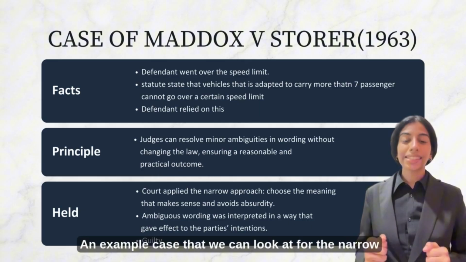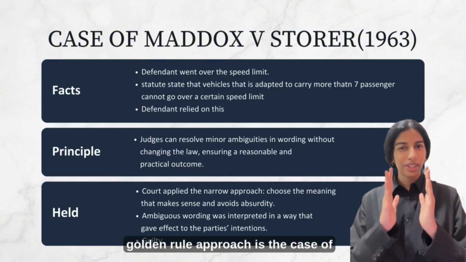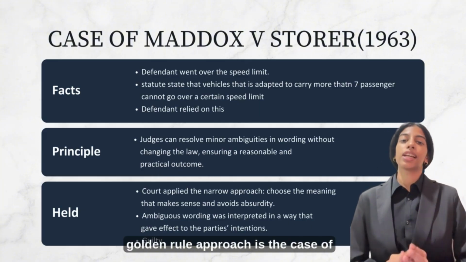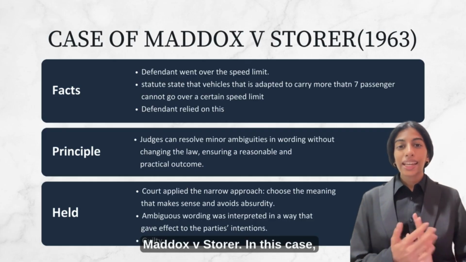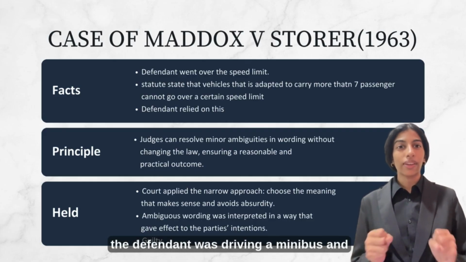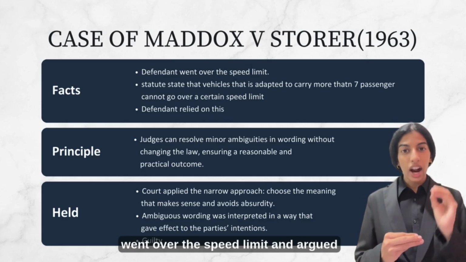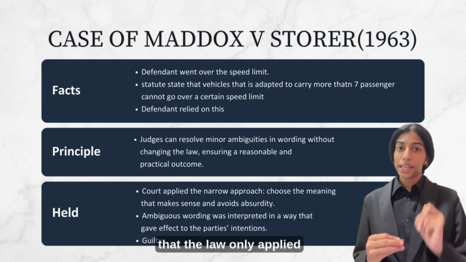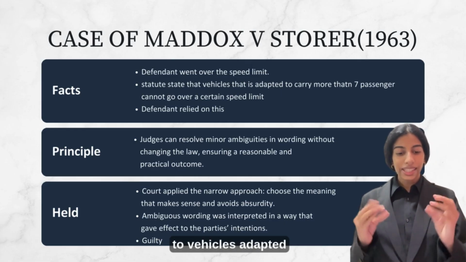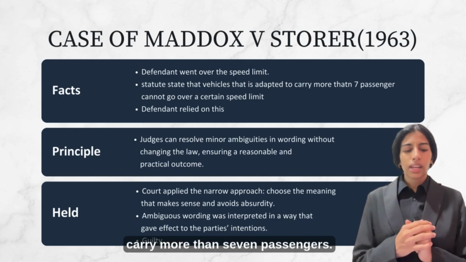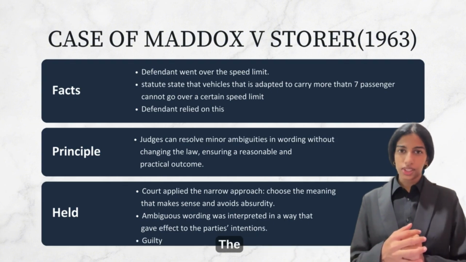An example case that we can look at for the narrow golden rule approach is the case of Maddox v Storer. In this case, the defendant was driving a minibus and went over the speed limit and argued that the law only applied to vehicles adapted to carry more than 7 passengers.